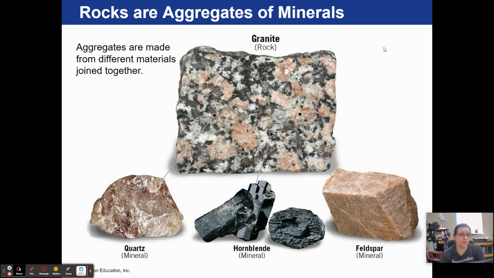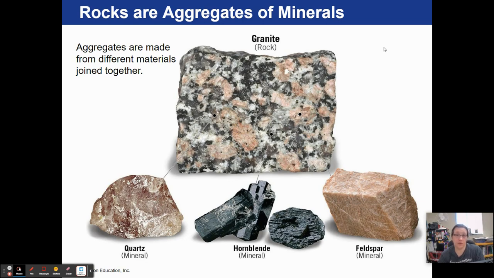So here's an example. Aggregates are made from different materials joined together. So granite, maybe you have granite countertops in your house, or maybe you enjoy watching HGTV where they're always putting in granite countertops in people's houses. Or maybe you have a sample of this yourself.